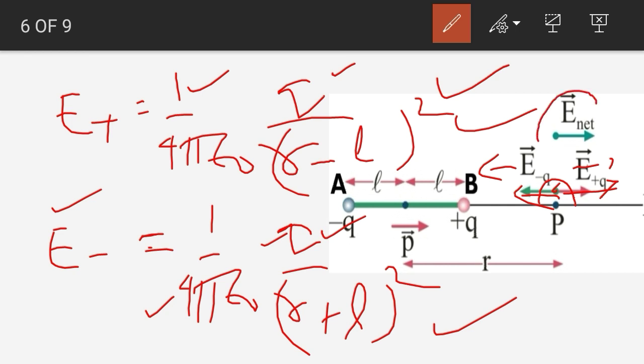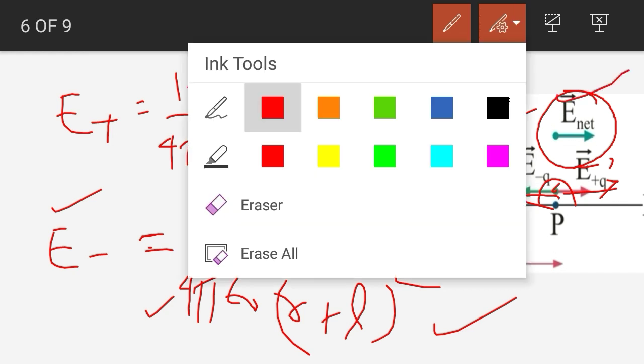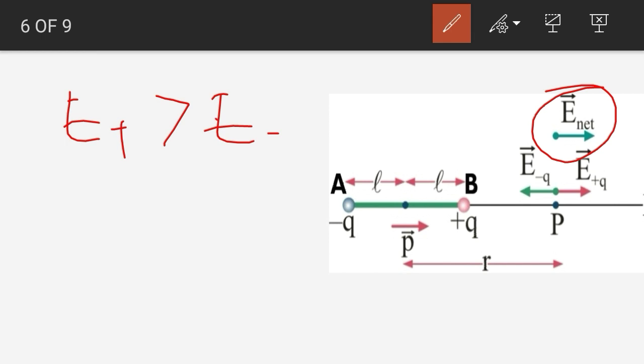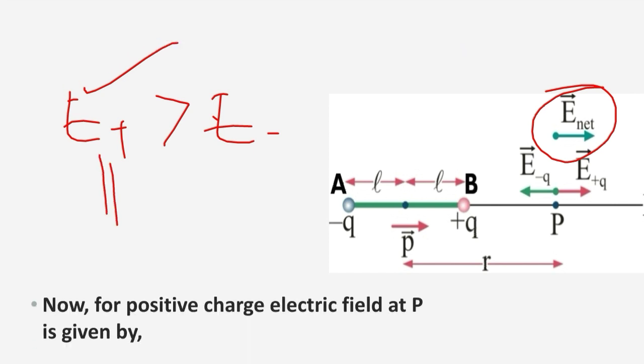That's why the net electric field will go towards the direction of E plus, that is towards the right hand side of this picture. Clear? Since E plus is greater than E minus, the net electric field will go towards right, and that is the direction of E plus. Clear?